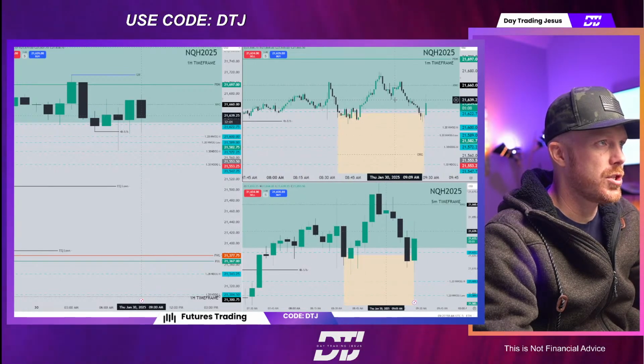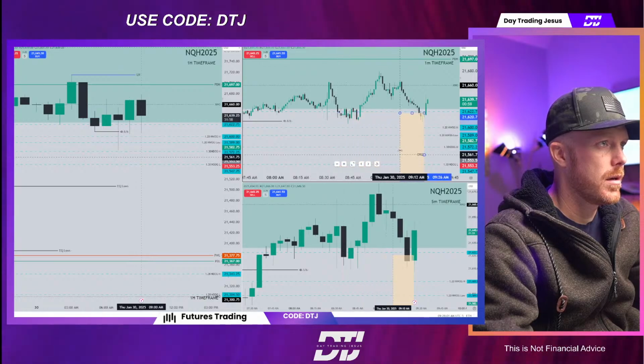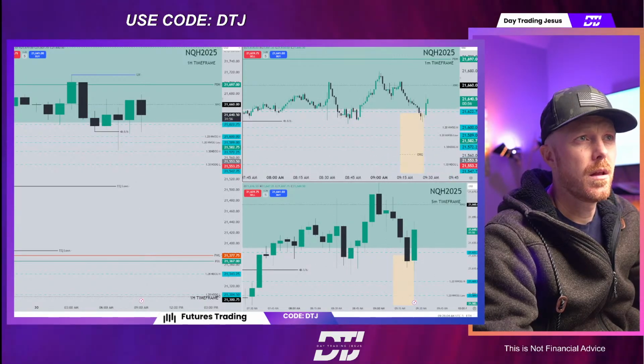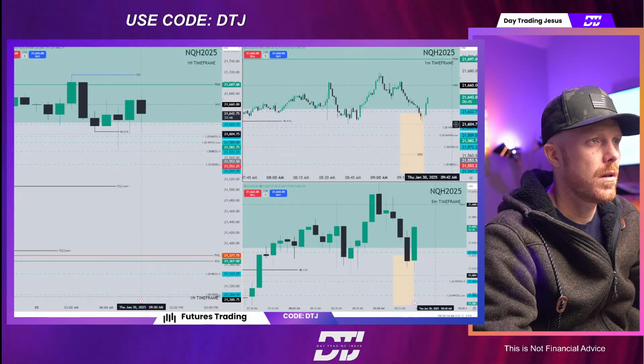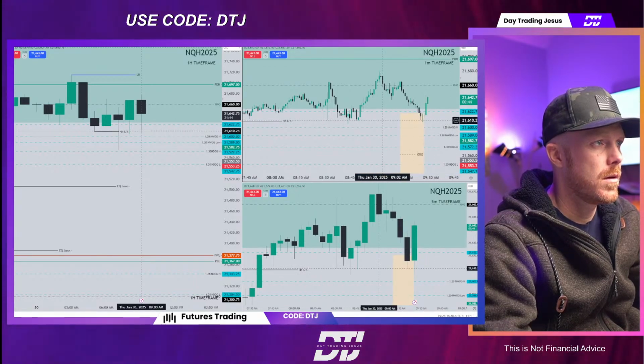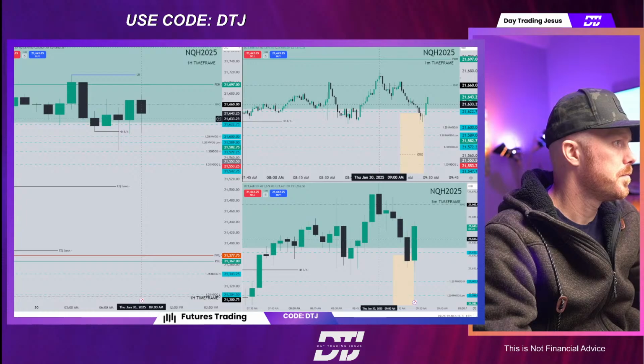There's a mitigation block right there. We did sweep that.